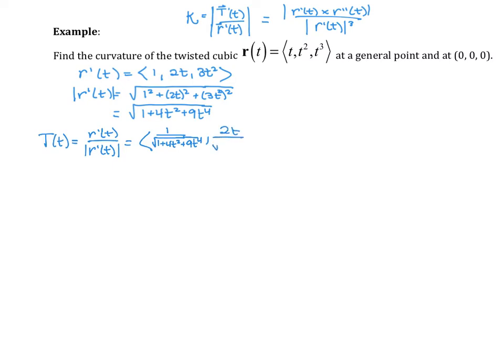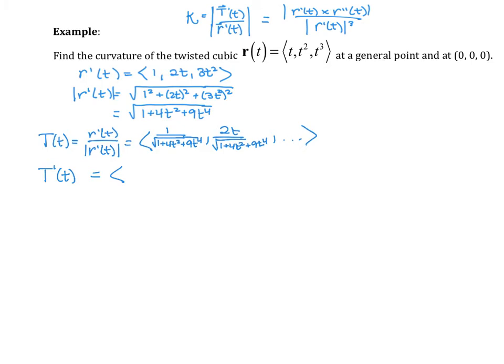Is anybody else seeing a problem with all of this? Because in order to keep going with this, I now need to take the derivative of this. Yuck. I don't want to try to take the derivative of this, because think about what the derivative of that would be.